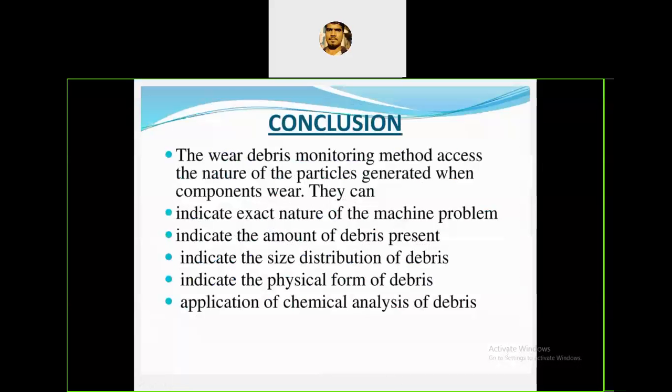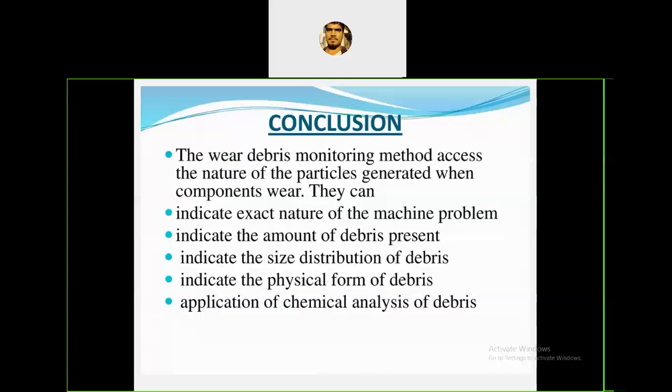To come to the conclusion, the wear debris monitoring method assesses the nature of particles generated when components wear. It will analyze and diagnose the type of wear, the type of particle generated, and the source of the wear; everything it will monitor and control. It indicates the nature of the machine problem, for example if the machine is undergoing vibration or misalignment.